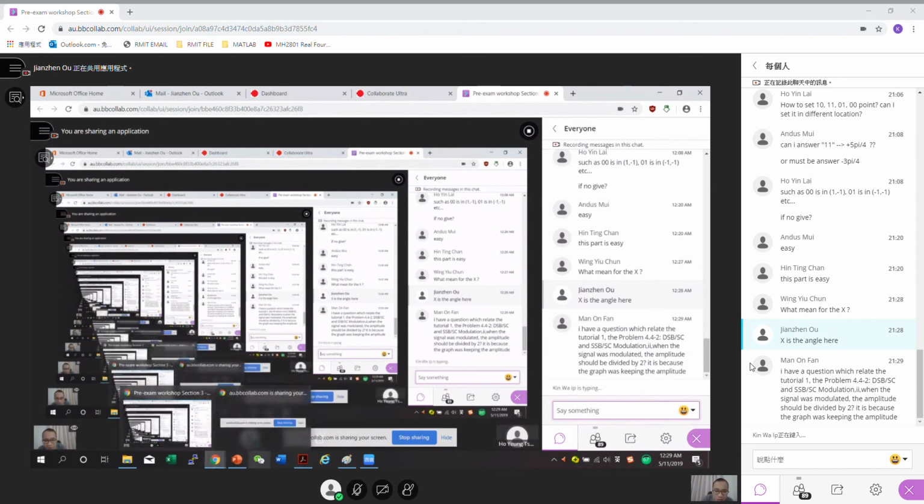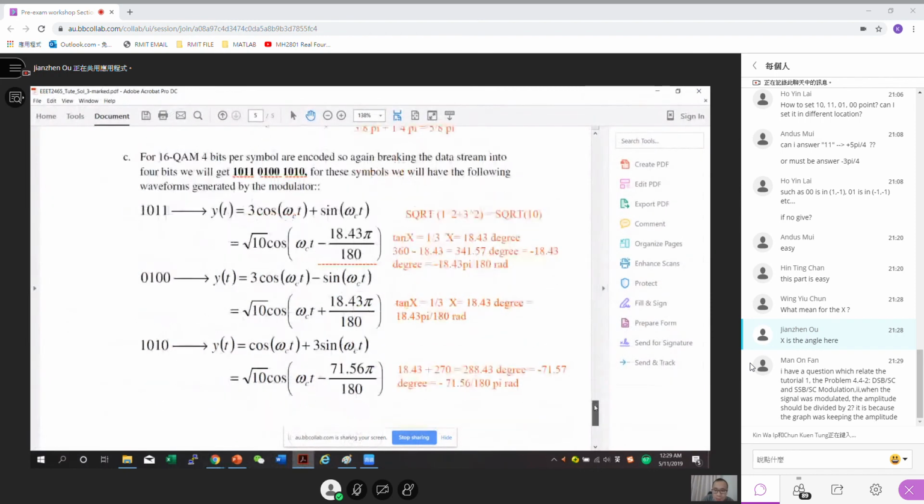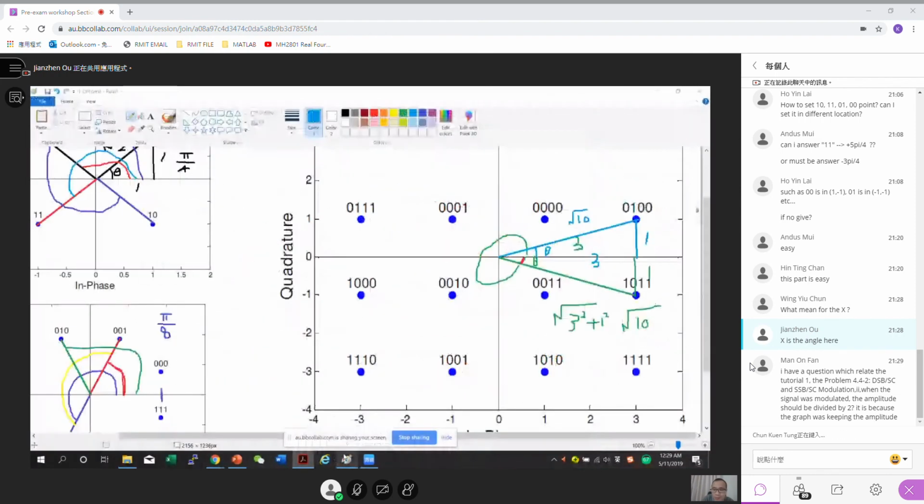Okay, so now let's go to the 1, 0, 1, 0. So 1, 0, 1, 0 is here. I use these colors, maybe it's better. Then I have to know about the angles, all the way from here to here. Again, we follow the same method.